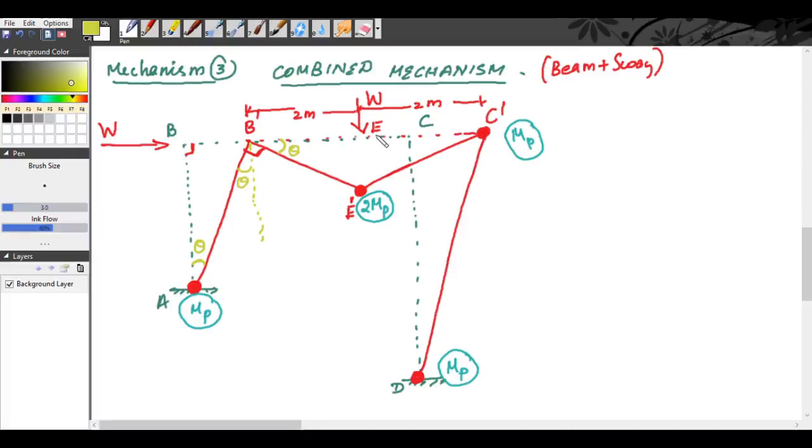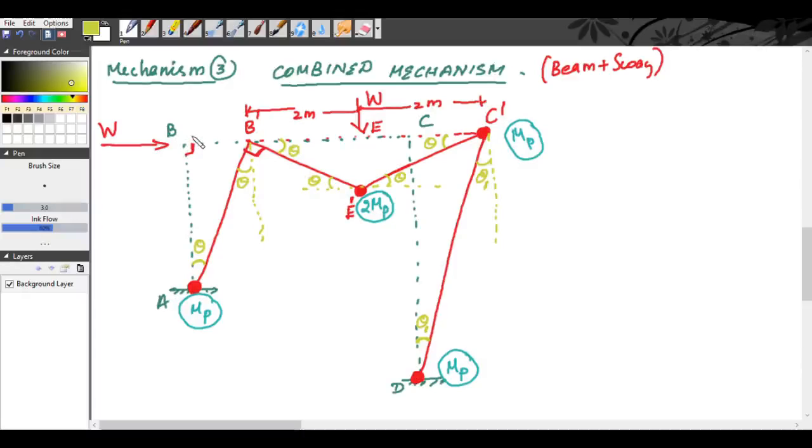Because of this beam, the combination of beam, if this angle is theta, this angle also will be equal to theta because this concentrated load is acting at midpoint. So here this angle will be equal to theta, theta. Now this angle is equal to theta 1. Therefore, this angle will be equal to theta 1.